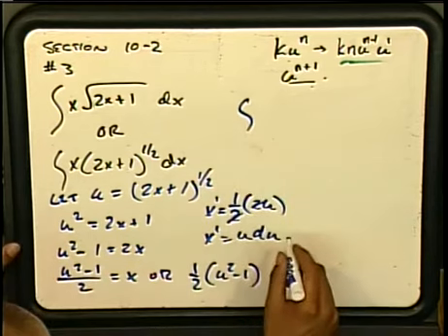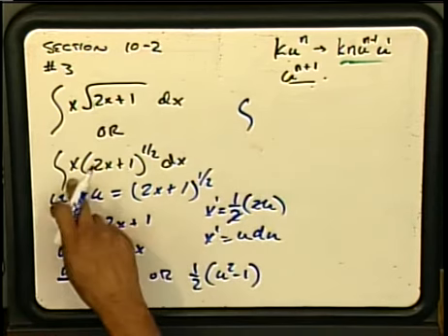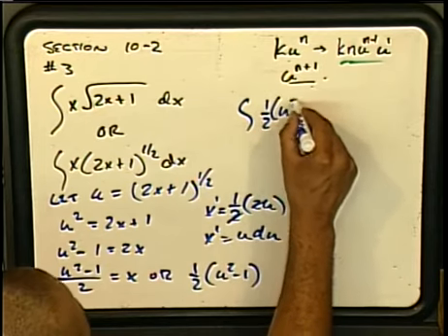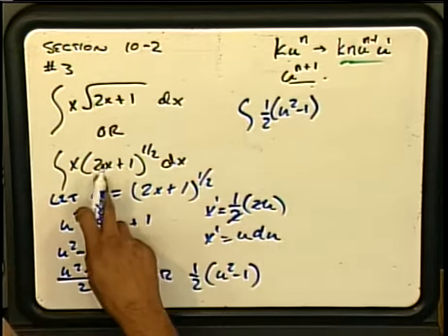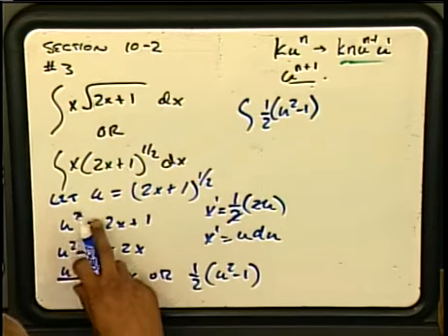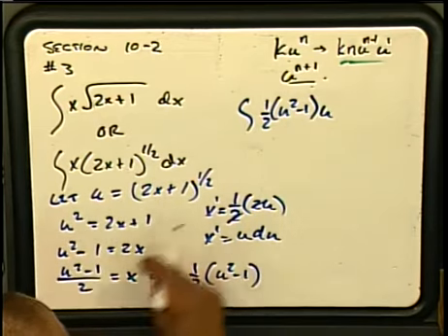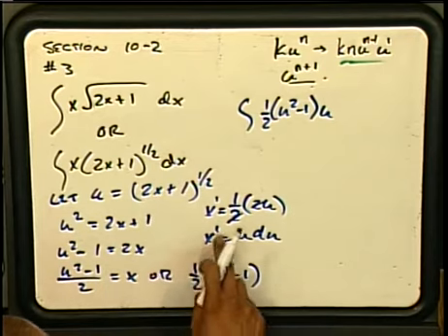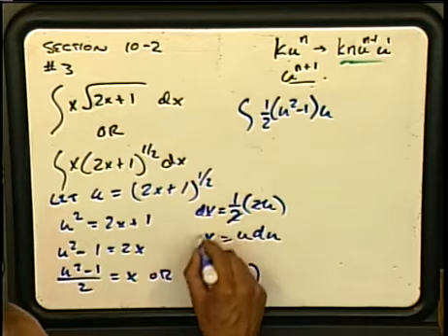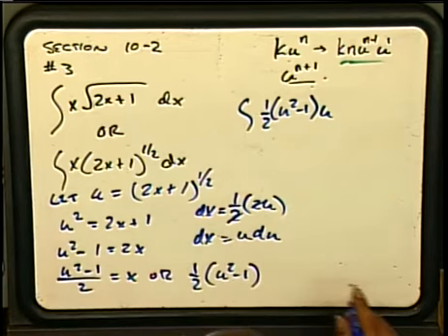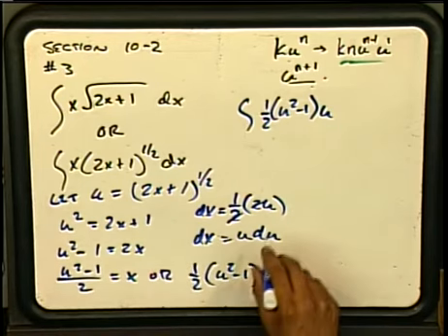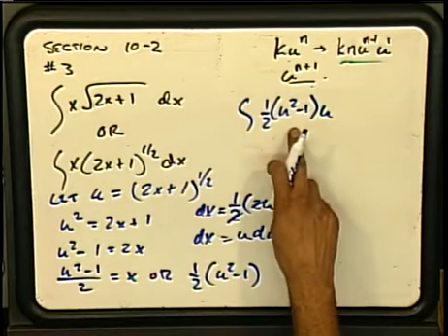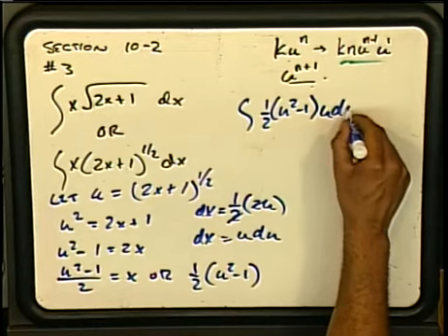Integrate x. Substitute x in. 2x plus 1 to the 1/2. That's u. And dx, derivative of x, right here, u du.